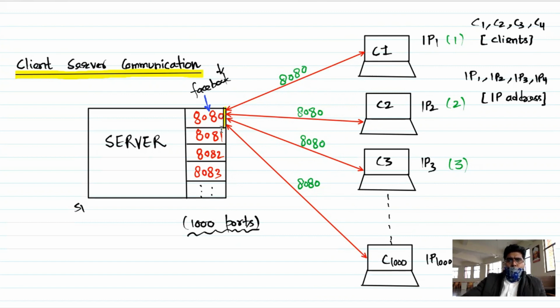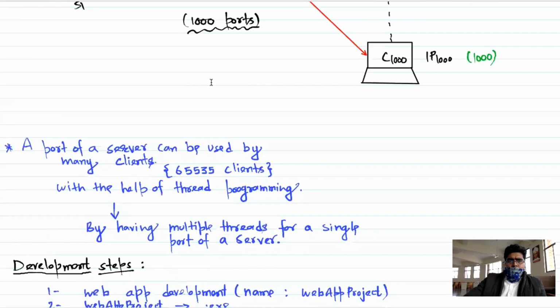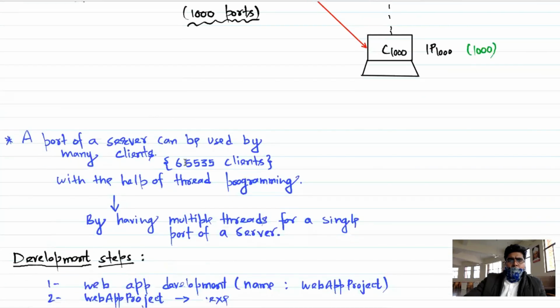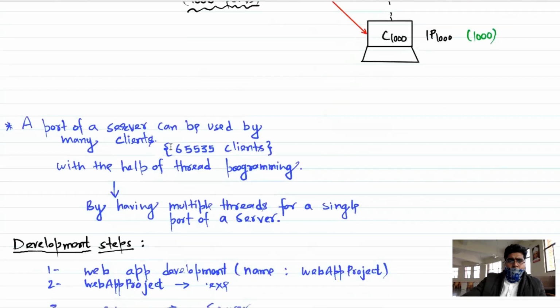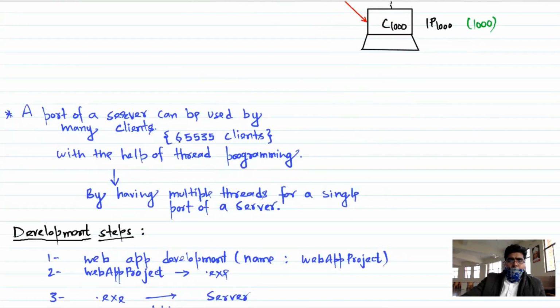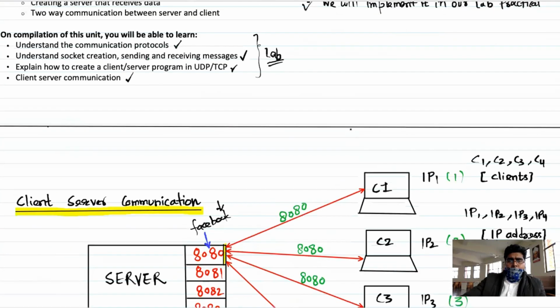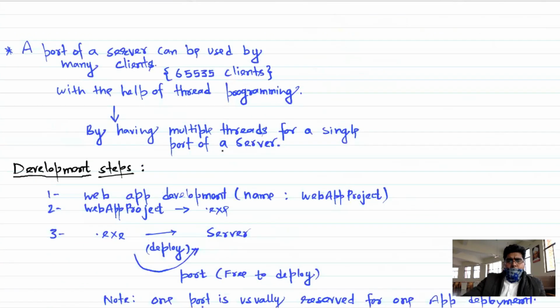So if you want to write something about it, we would say a port of a server, this one, 8080, can be used by many clients. Almost 65,535 clients can connect with the same web application at a single port, because of the multi-threading environment.